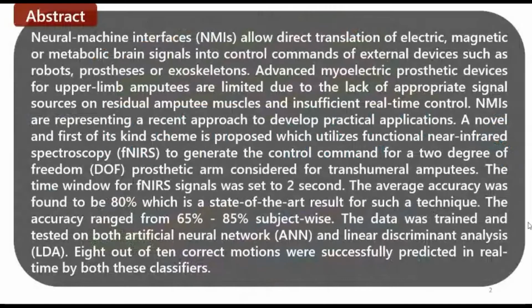This is a lot of words here for the abstract of the poster. It states that I implemented this for transhumeral amputees and extracted the fNIRS intentions from the motor cortex, the hemodynamic responses.